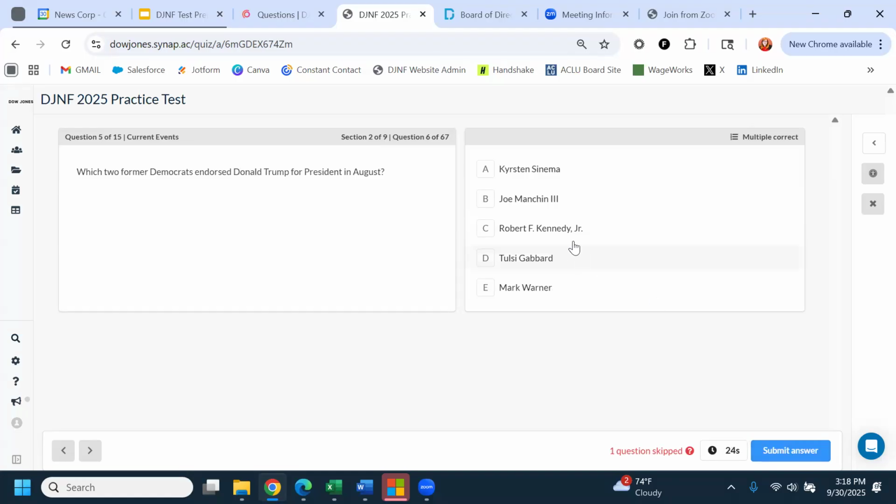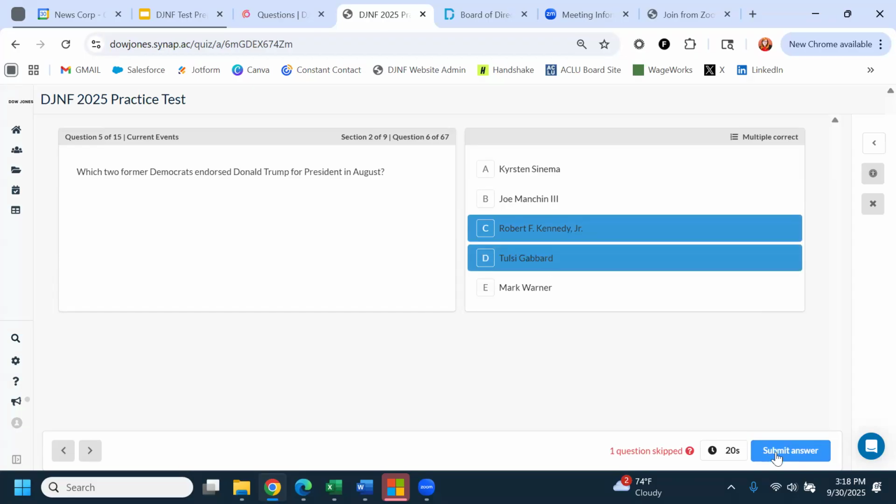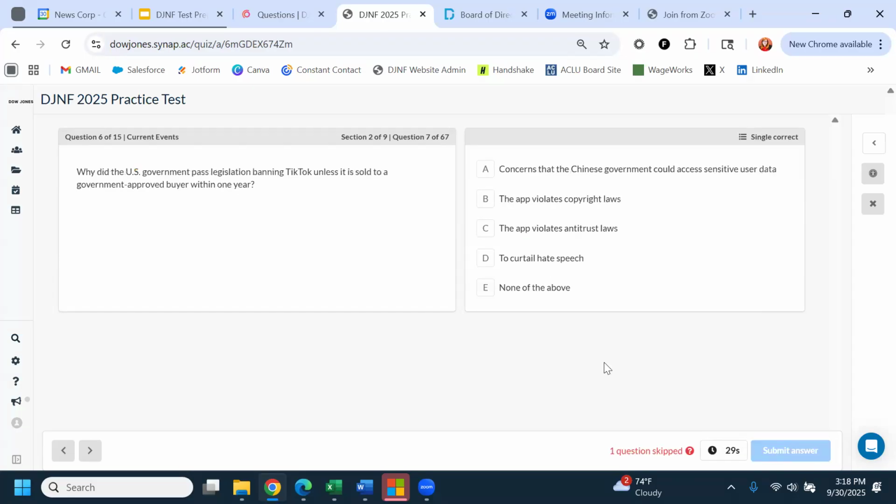Kennedy and Gabbard. Yes, very good. Concerns that the Chinese government could access sensitive user data. Correct. See, you guys got this.